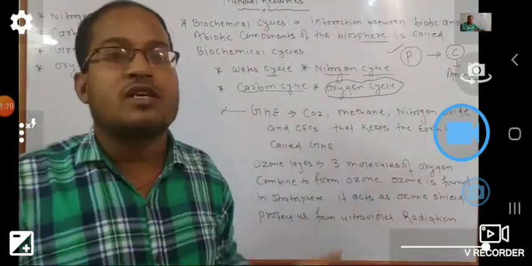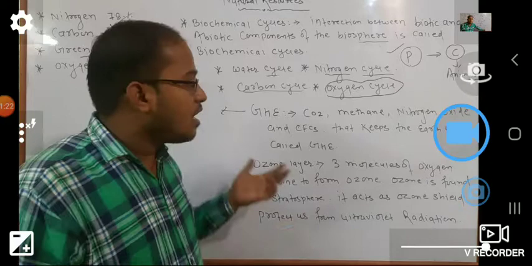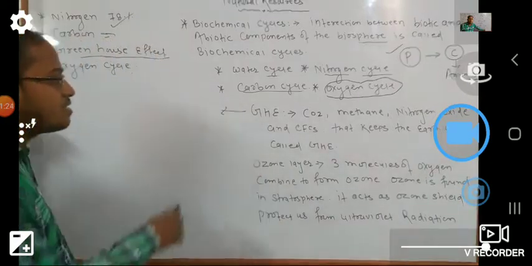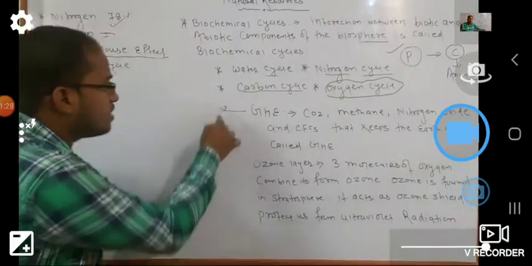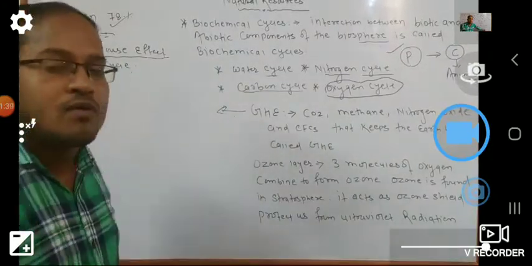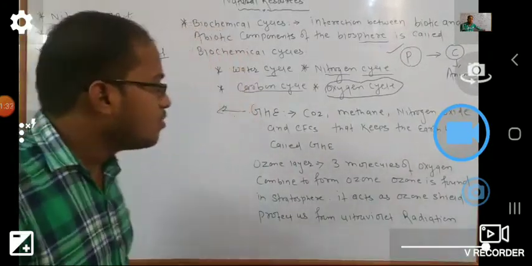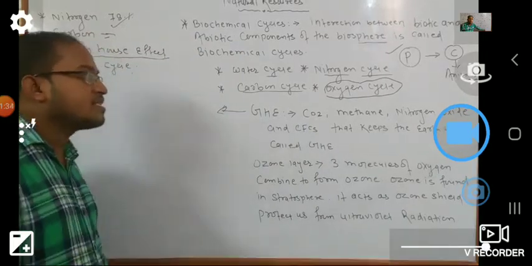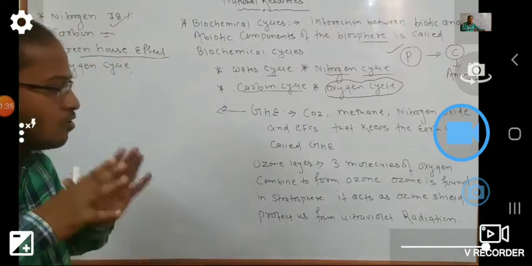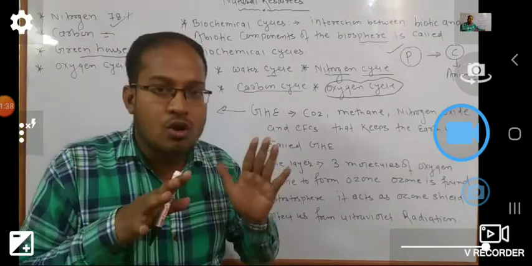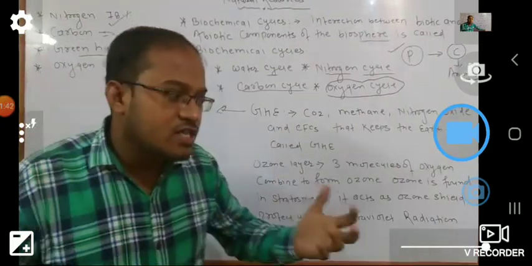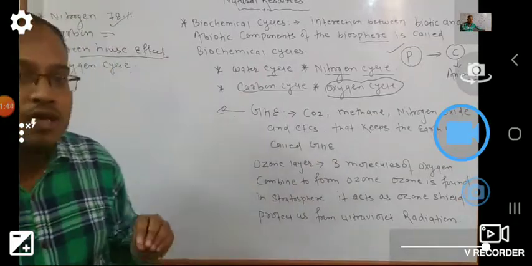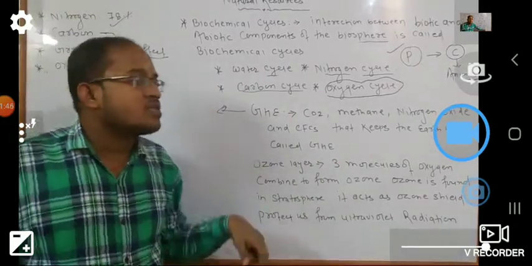Okay, greenhouse effect is a most important phenomenon, and sometimes the greenhouse effect is also considered as global warming. Why? Because in global warming, if there are lots of harmful radiations in a high intensity of warmness, it causes global warming.